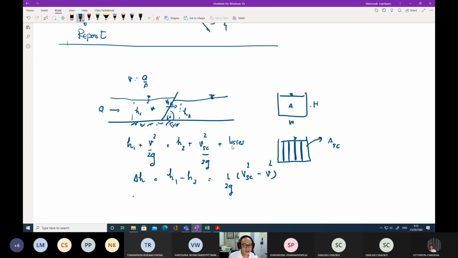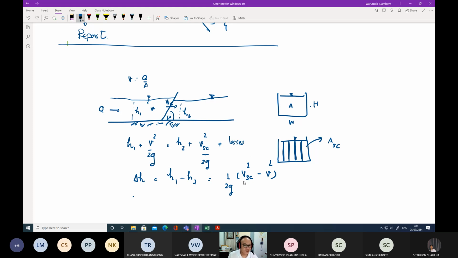And of course the loss must be there, but according to the calculations, the loss due to the screens is incorporated in a coefficient called the discharge coefficient.